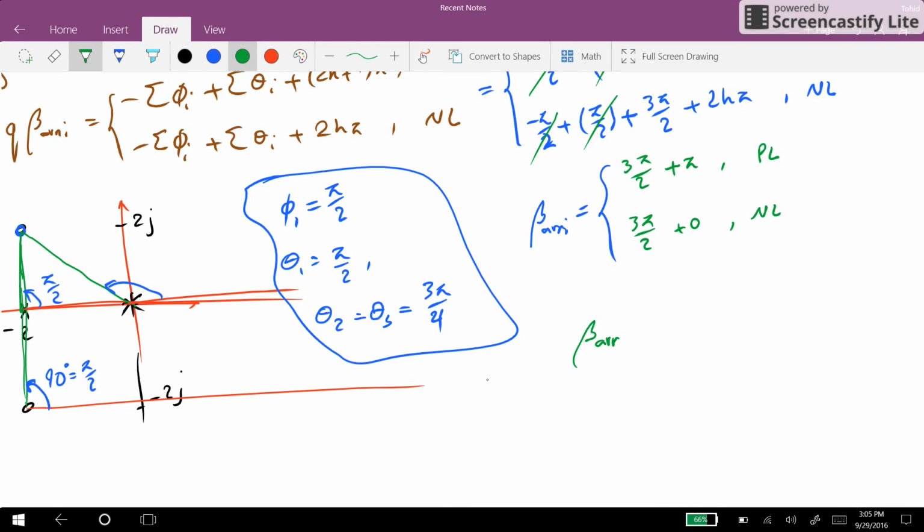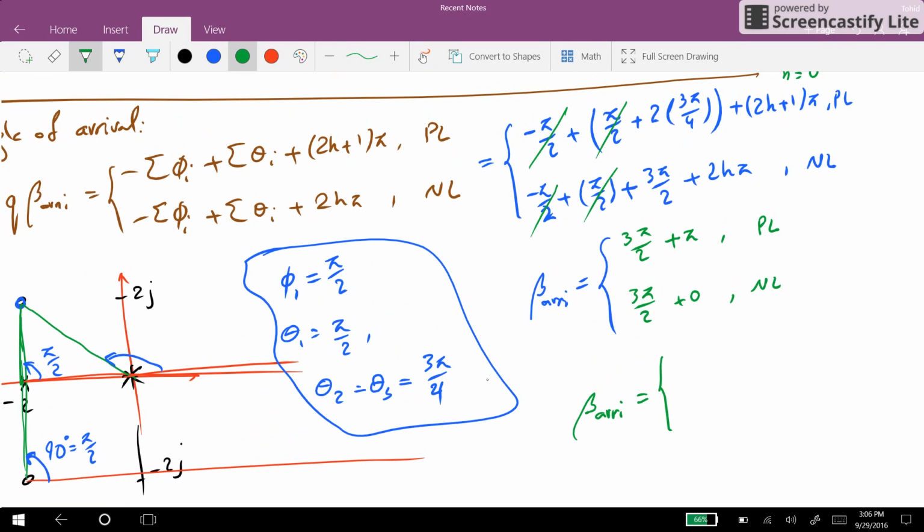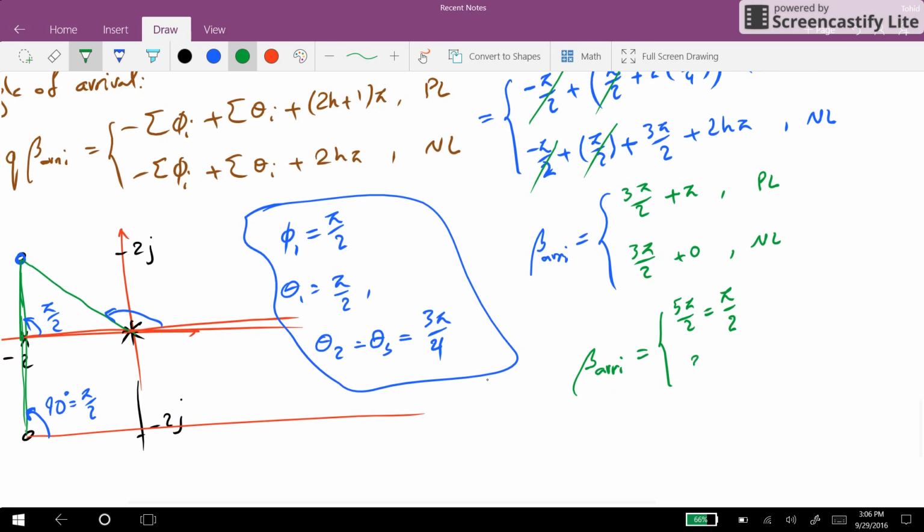Finally, we have arrival angle equal to 3 pi over 2 plus pi, which is 5 pi over 2, or in other words, pi over 2, and 3 pi over 2 for the negative locus.